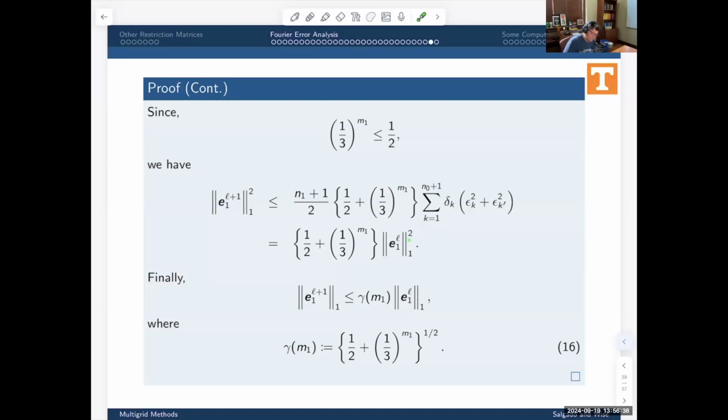Squared. So now take the square root of both sides, and the square root gives me this gamma m, which I introduced on the first page. That's what I called gamma m1. So this is ultimately what I'm proving. So we got this through doing what? Careful estimation of how, well, actually, this wasn't even an estimate.